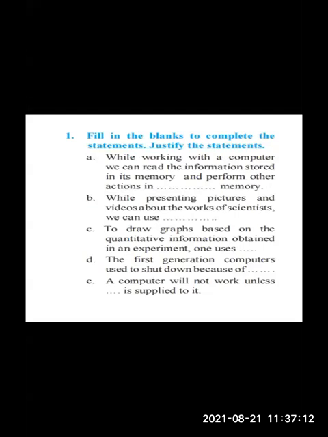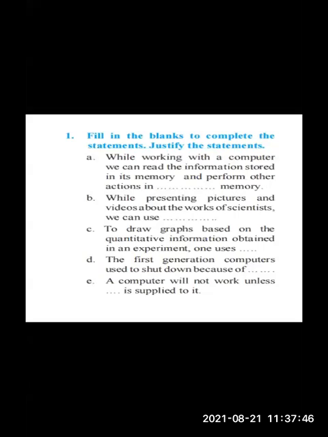Now what reason can you write here, students? You can write that first generation computers were built using valves, and valves used to consume a lot of electricity and generate a lot of heat. The heat caused frequent burnout of the valves, which stopped the computers from working. So the computer used to stop in between, and whatever you were working on got disturbed.